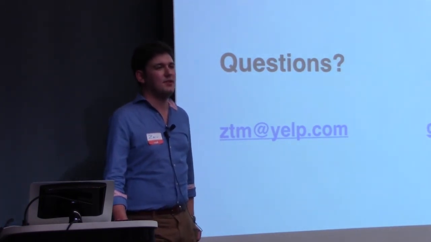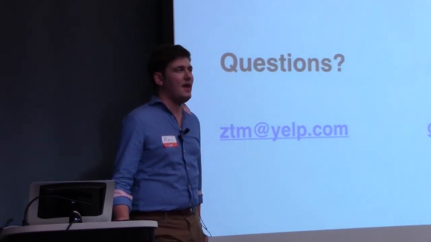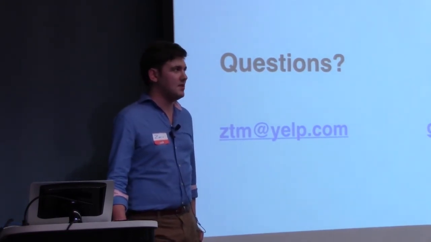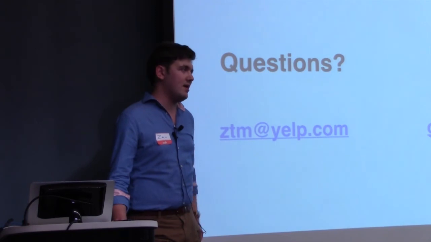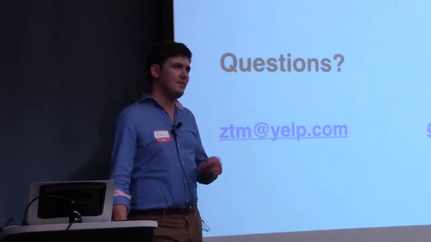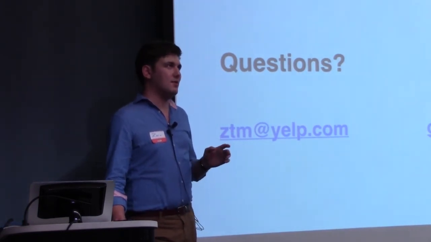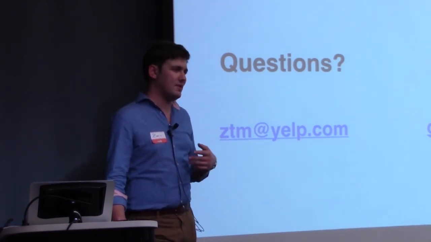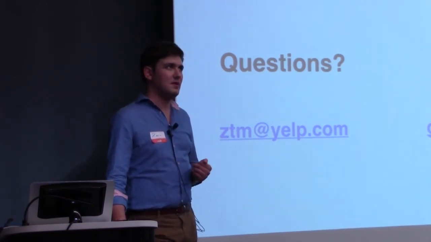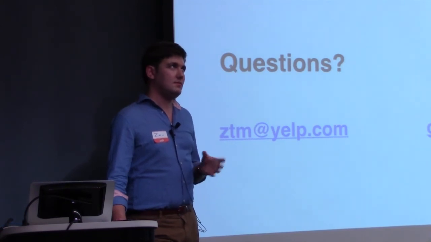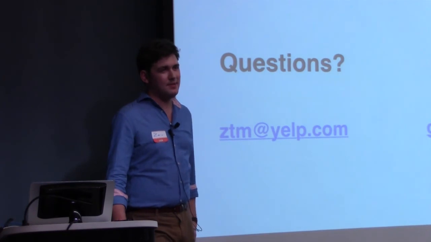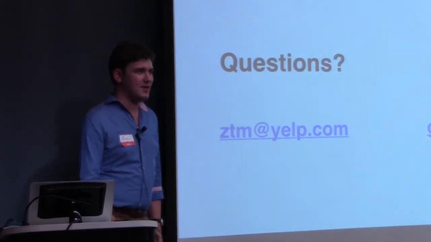KairosDB is mostly a complete rewrite of OpenTSDB, so while they had a lot of experience already acquired from that process, they also had to redo a lot of it, and so there are challenges with configuring it to do what you want it to do. Also, there's a big problem that is about to be fixed, because I'm on the mailing list, so I keep track of this stuff.